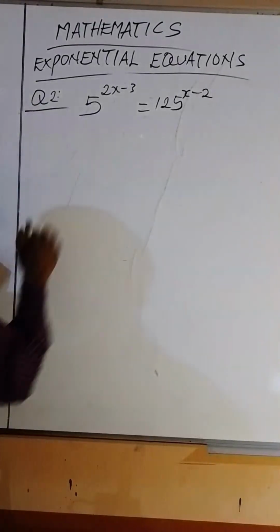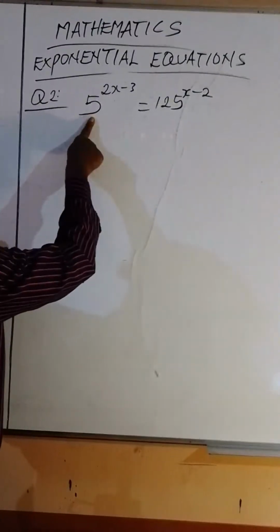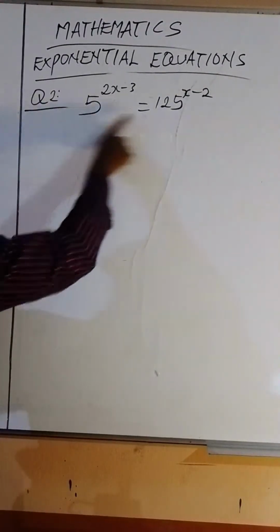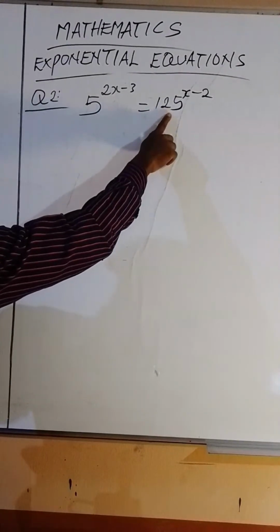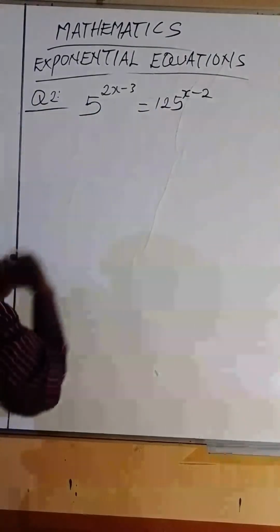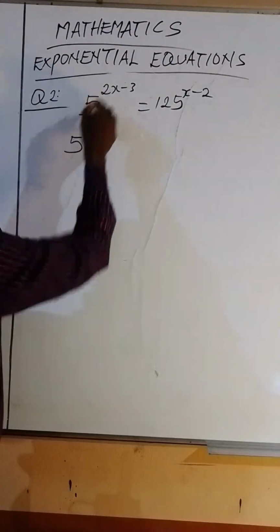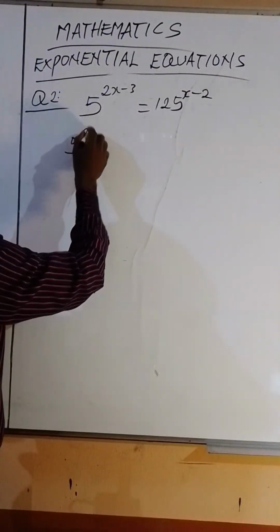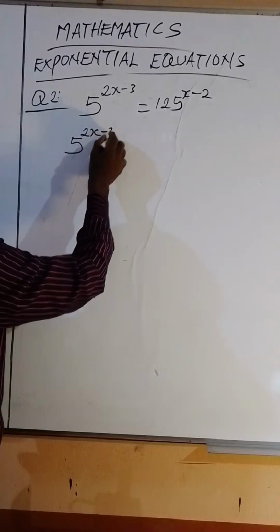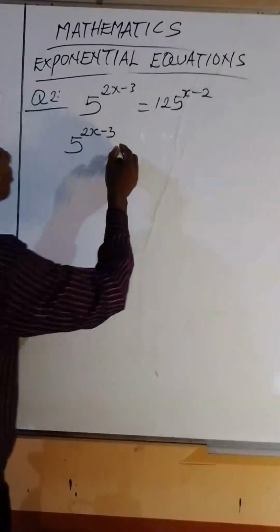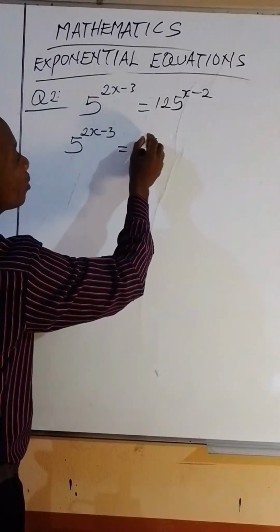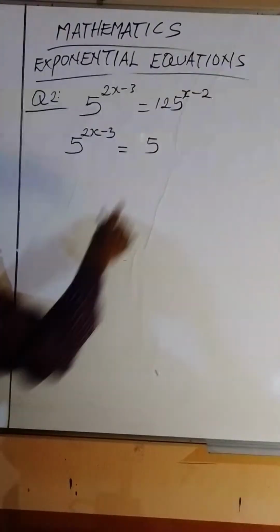Here we have 5. Then we have to look at how we can change the base here to 5. So that is exactly what we are going to do. Since we have 2x minus 3 here, here we bring in 5.